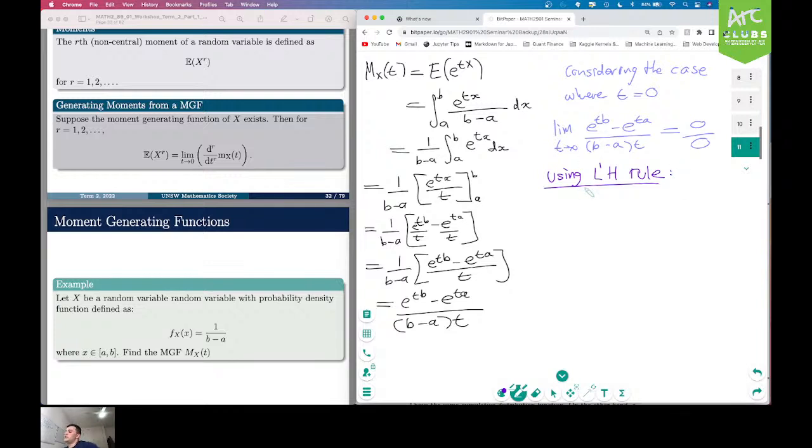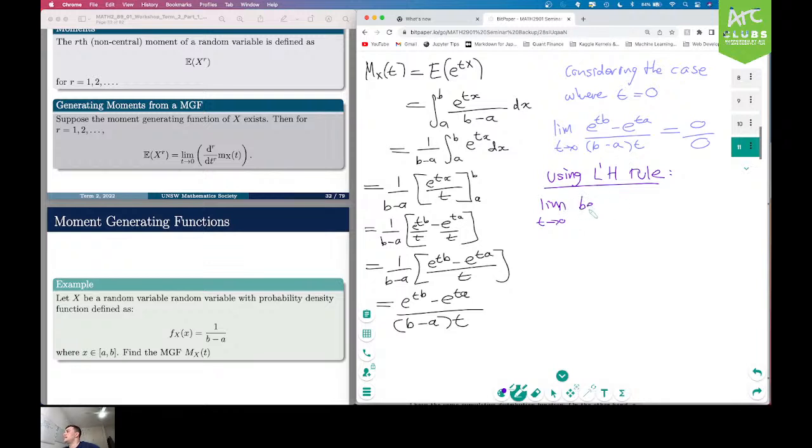If we use L'Hopital's rule, we get the limit as t approaches 0, and what L'Hopital's rule says is we can differentiate the top, differentiate the bottom, and take the limit of that. So let's differentiate the top.